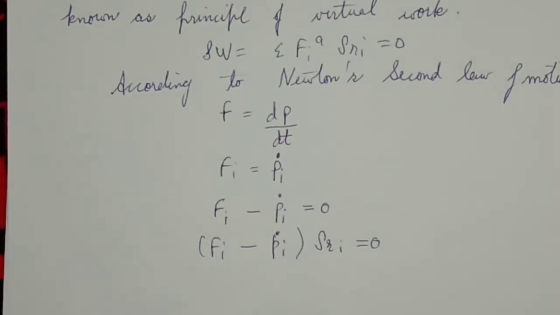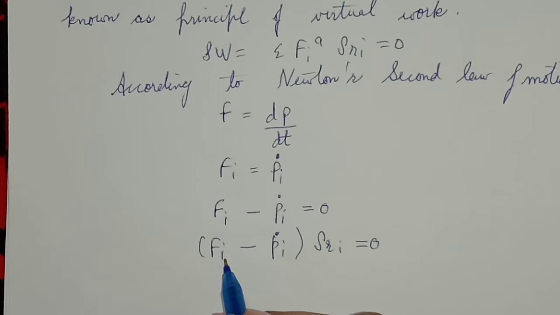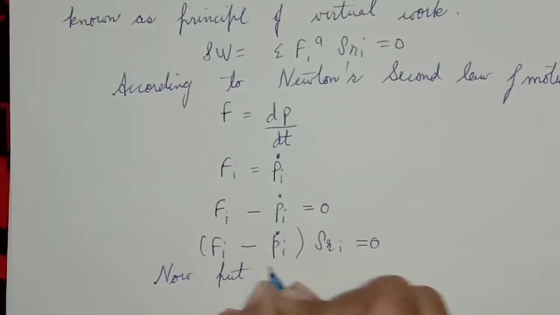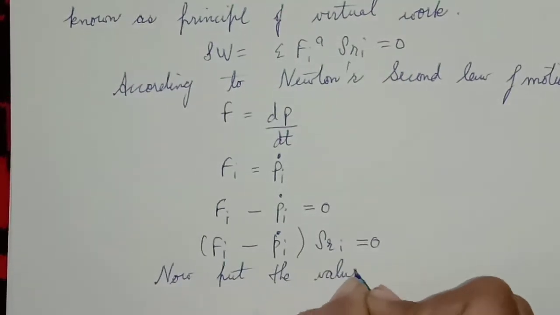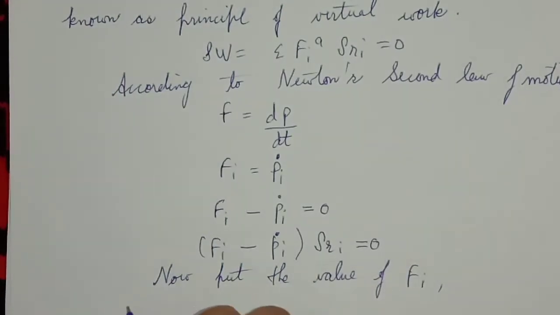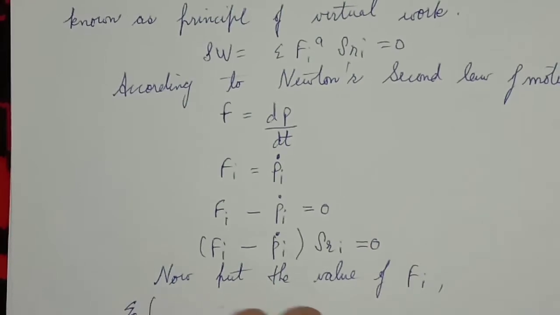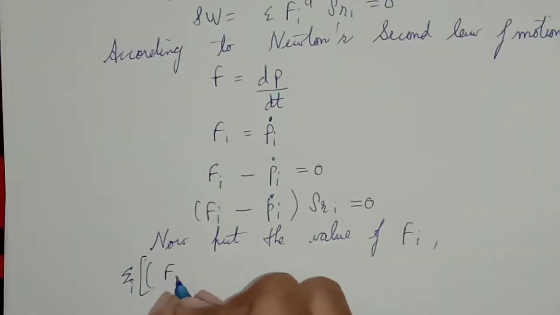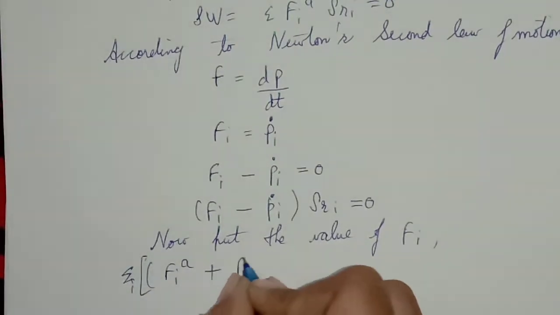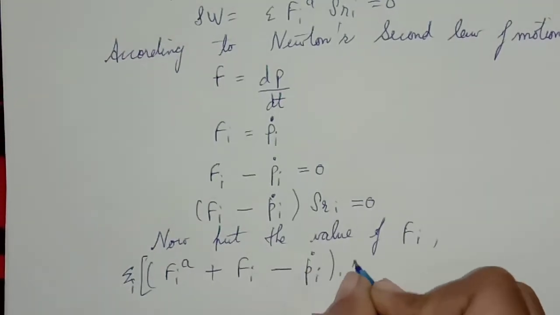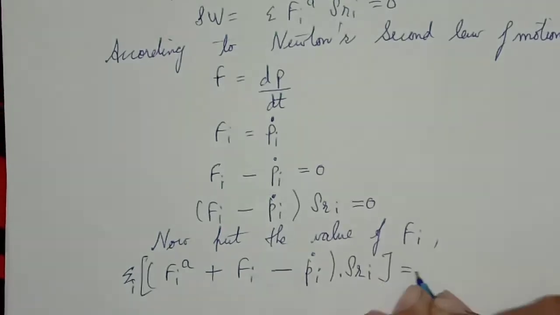Now we have to put here the value of force, which is the constraint force and the applied force. Now put the value of Fi, summation i, equals 0.